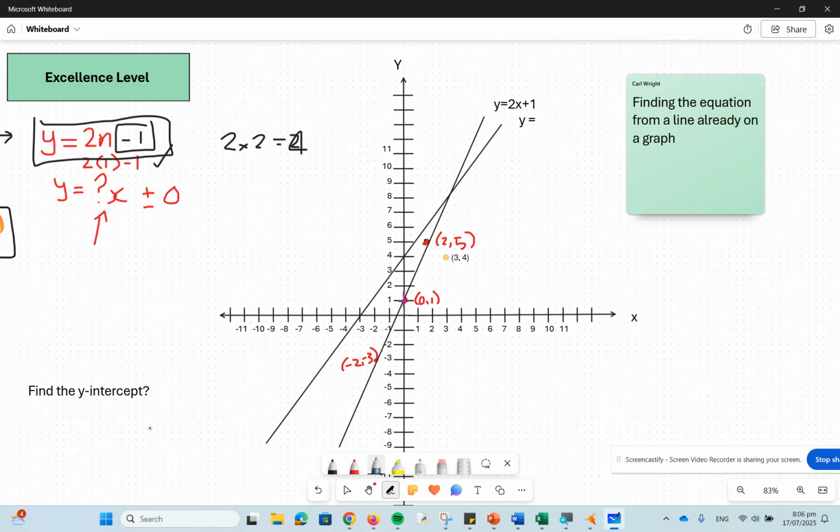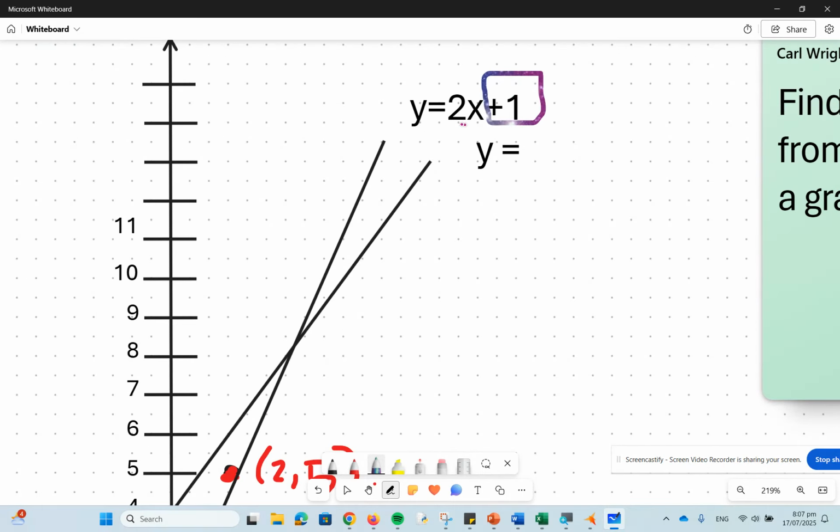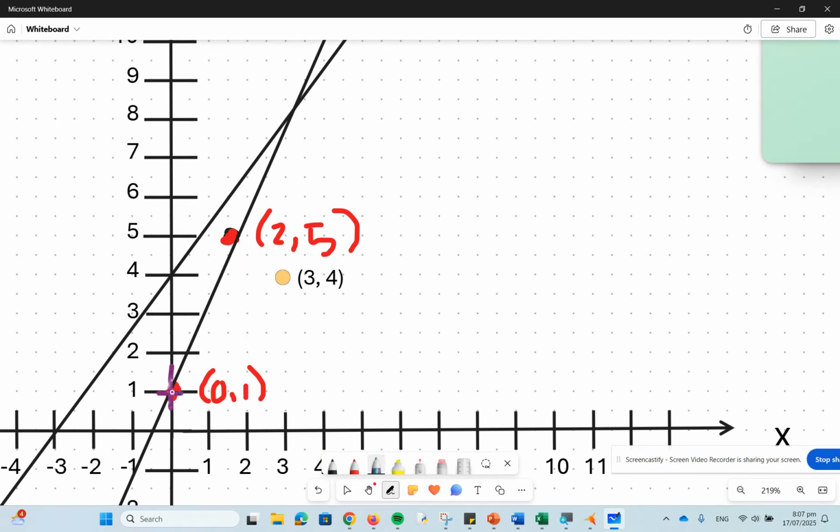So if you're asked to find the y-intercept, it's 0 across, always 0 for x, but where it touches on the y-axis is the y-intercept. The y-intercept, if you look at it, is the last number without the x. That number without the x is actually the y-intercept, because you can see it touches the line at +1.